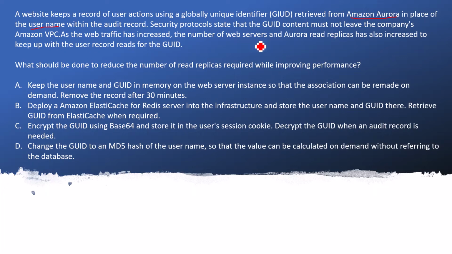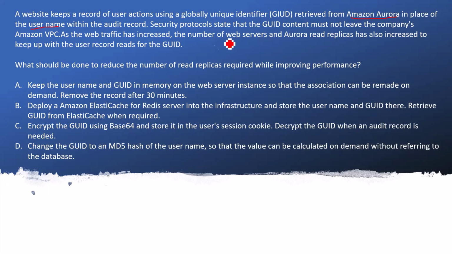As the web traffic has increased, the number of web servers and Aurora read replicas has also increased to keep up with the user record reads of the GUID. So the problem is that traffic is increasing, so the number of read replicas, added to reduce latency and increase performance, is also increasing, and the cost is involved, as well as the number of web servers. The question asks what should be done to reduce the number of read replicas.